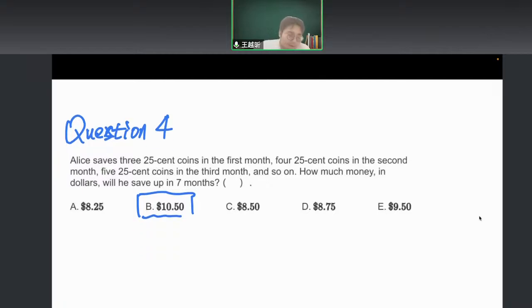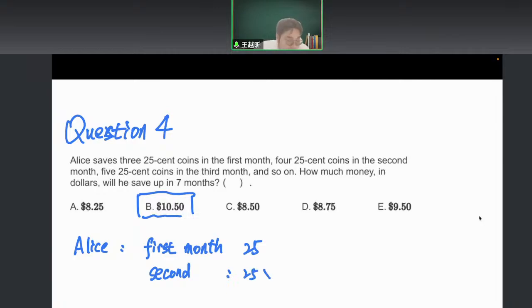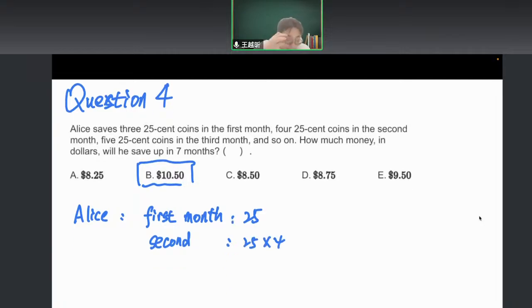For example, Alice in the first month will have 25 cents, and the second month will have 25 times 4, and the third month will have 25 times 5, and so on.